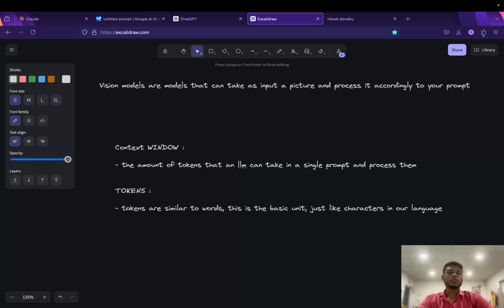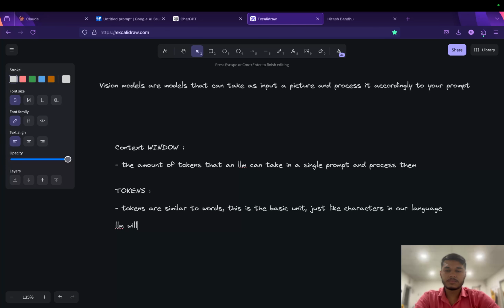So what is the most basic unit of writing in our language? It is a character like O, P, L, K. We can just combine these characters and make everything. But an LLM reads in tokens. It doesn't read character-wise like T, O, K, E, N. That's how we read. We also read word-wise, like I'll read this as tokens are similar to words. This is how a human will read, but that's not how an LLM will read.